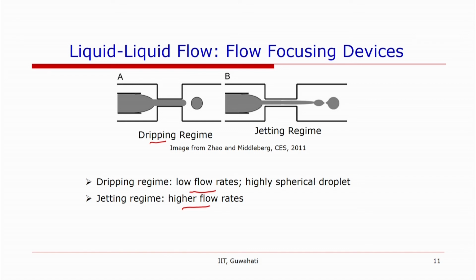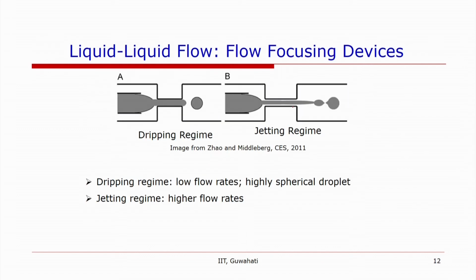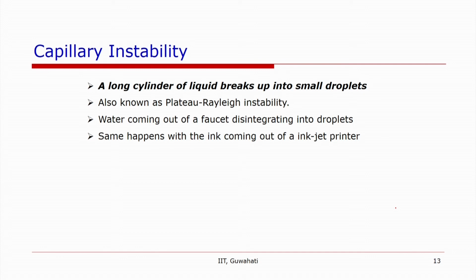In the first case, one can get regular monodispersed droplets which are spherical in shape. Now, this kind of structure where a continuous jet is being broken into droplets, as we have seen, we can relate it with, for example, the taps in our kitchens and bathrooms.